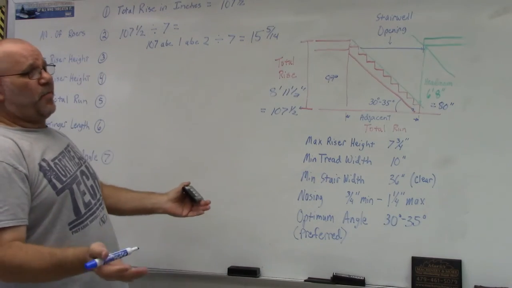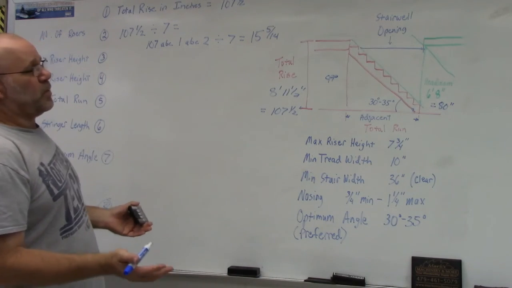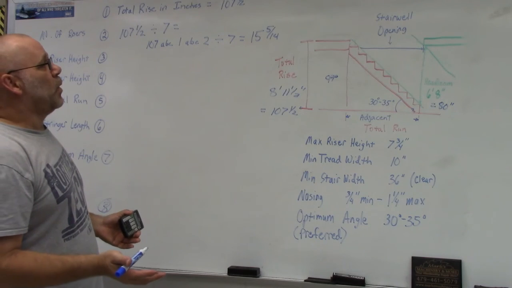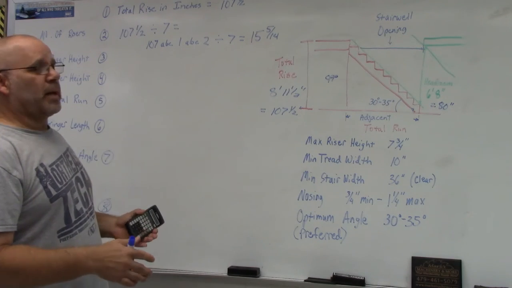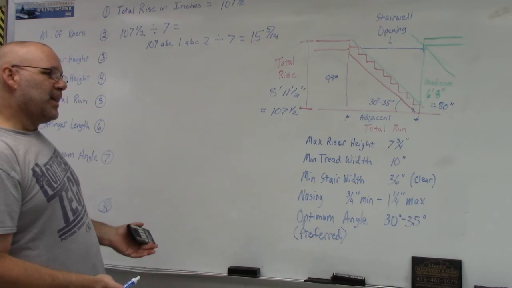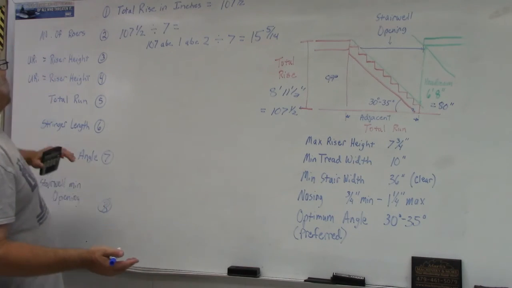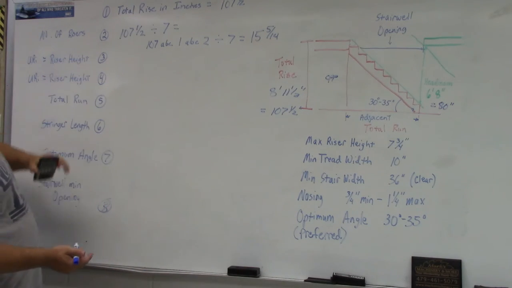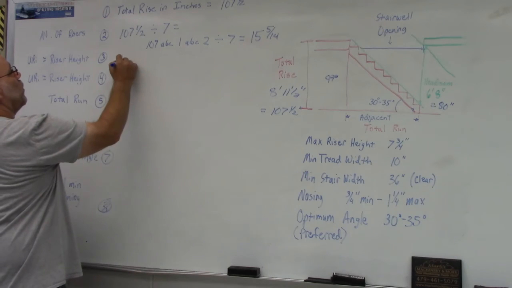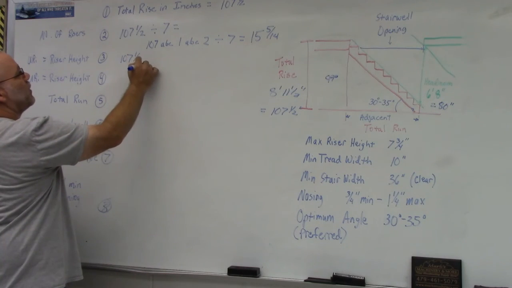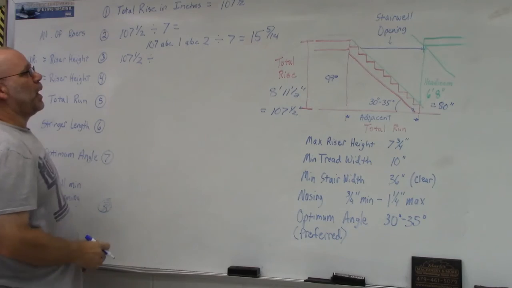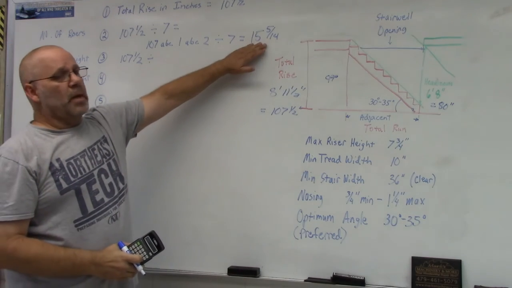So you say, well, that's 5/14. That's really not important what the fraction is. It just tells me that I don't have an even number and I need an even number. So next thing I'm going to find out is my riser height. I'm going to take 107 and a half and divide by this number.